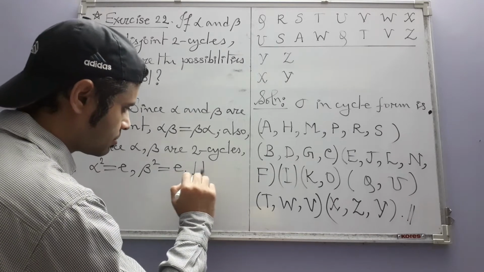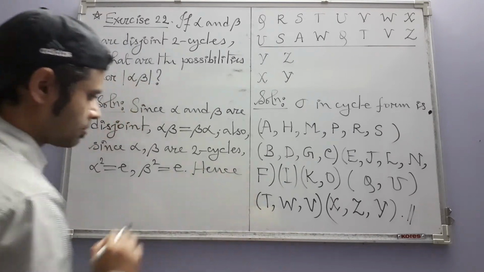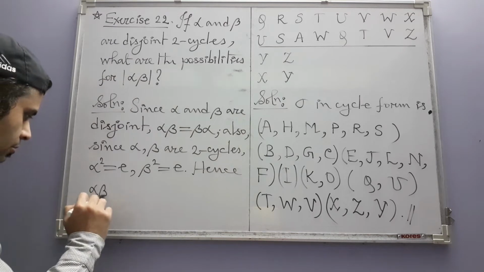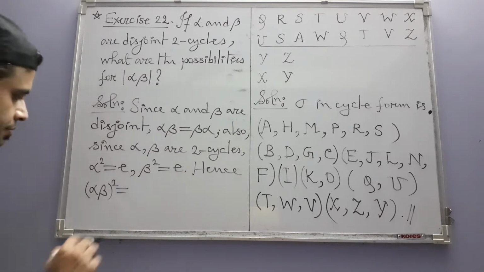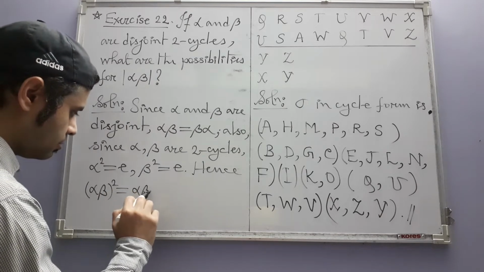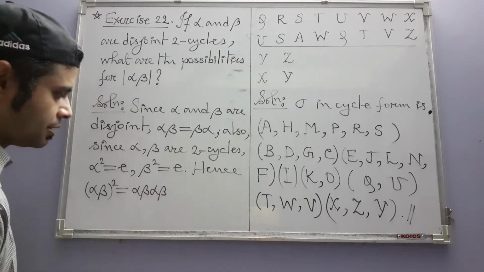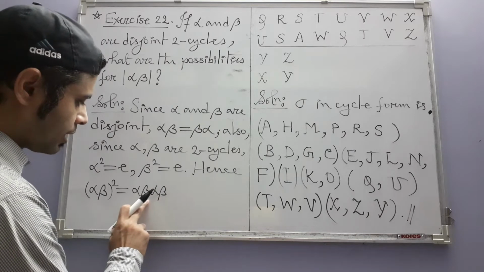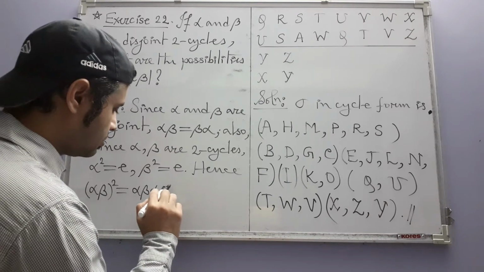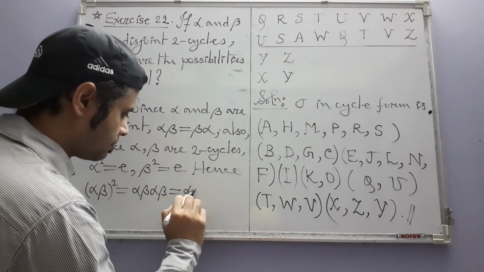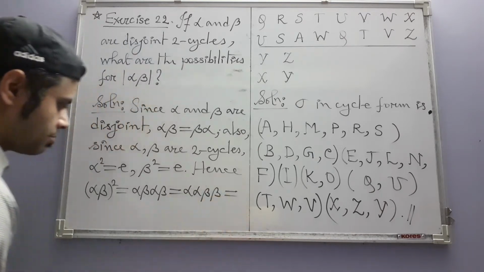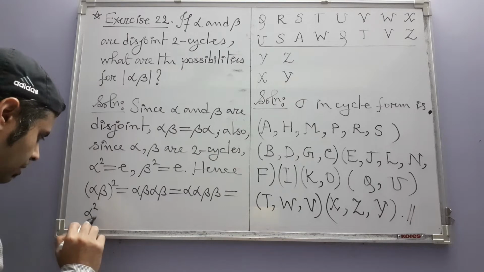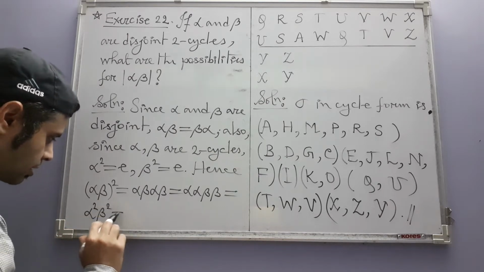Hence, now what will happen if we take the square of alpha beta? It really means alpha beta alpha beta, but here that beta alpha in the middle can now be written alpha beta. So this becomes alpha square beta square.